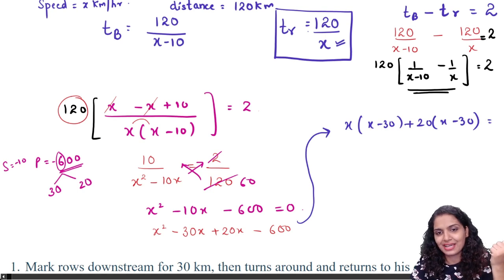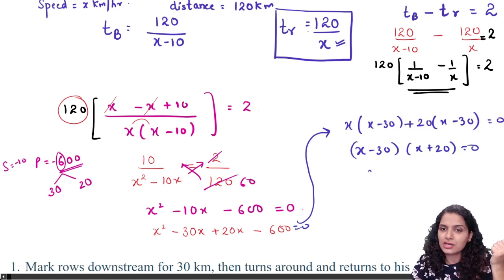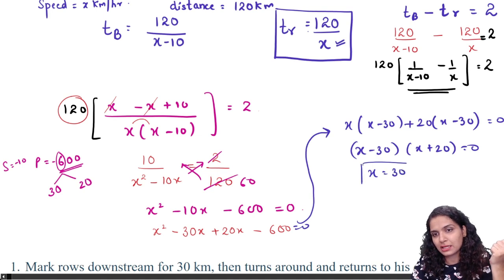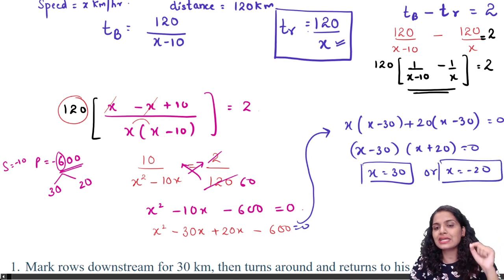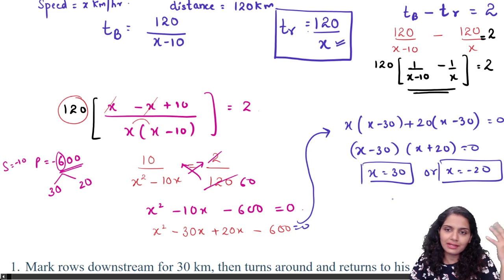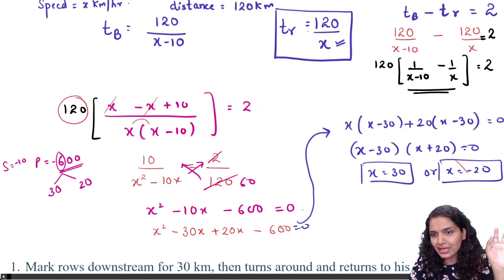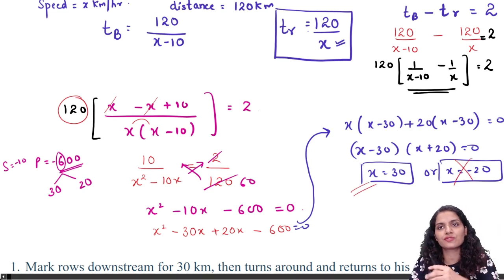Got it? And this is equal to 0, of course. So x minus 30, x plus 20 equals 0. So x will be 30 or x can be negative 20. Read the question again, see what they have asked for and take that. Of course, I cannot take x as negative 20, so x will be 30.